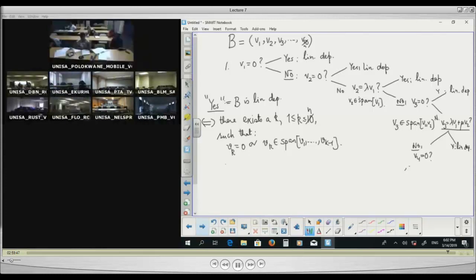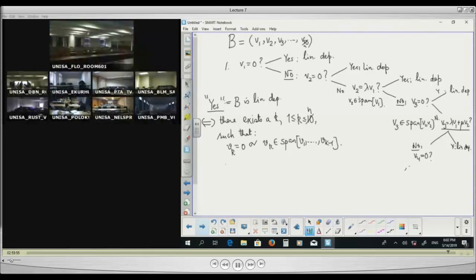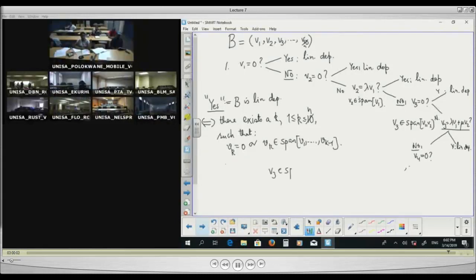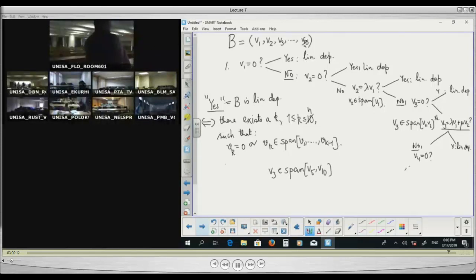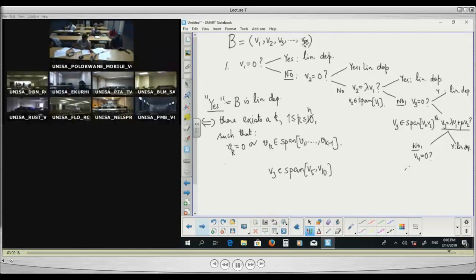And V5 and V10 aren't preceding vectors. Does it specifically have to be preceding vectors? Wait. So therefore, this can be true even only if V10 is in the linear span of V5 and V3. Get it? Okay, sir. I see.